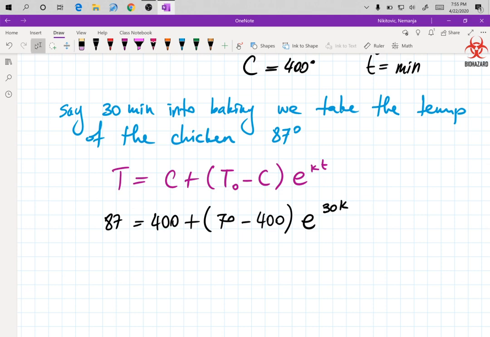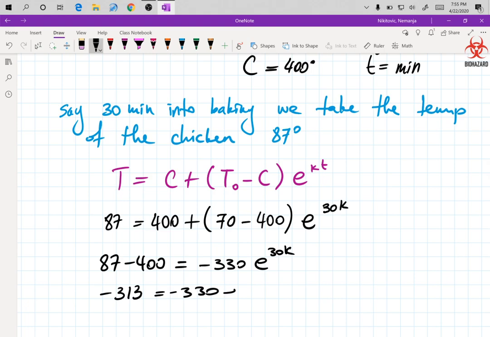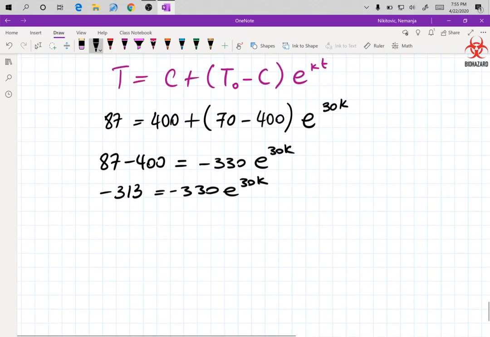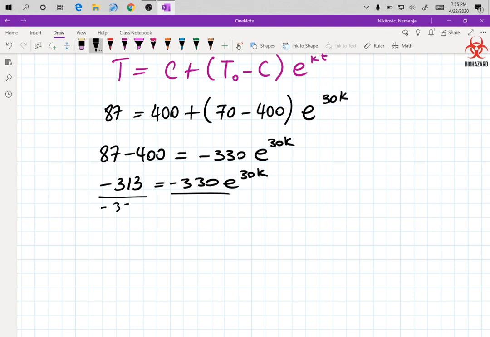All right, so if you take a look at this equation, it's an exponential equation with only one variable. We'll have to use ln to dig that variable out. So we have 87 minus 400 is equal to 70 minus 400, which is negative 330, e to the 30k. Over here we have negative 313 equals negative 330 e to the 30k. Divide both sides by negative 330.